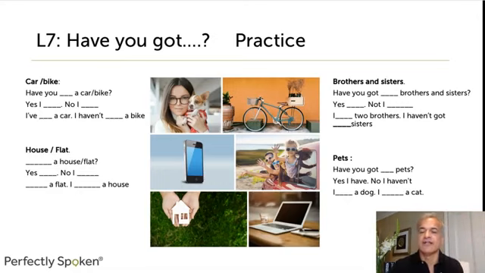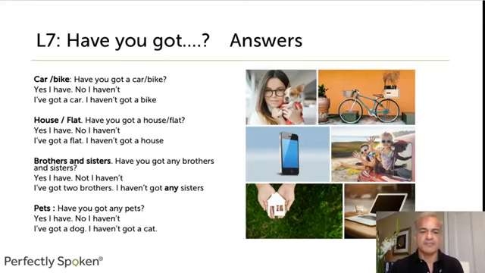Any in the negative. I've got 2 sisters. Have you got any pets? Yes, I have. No, I haven't. I've got a dog. I haven't got a cat. Let's look at it written down. There you are.